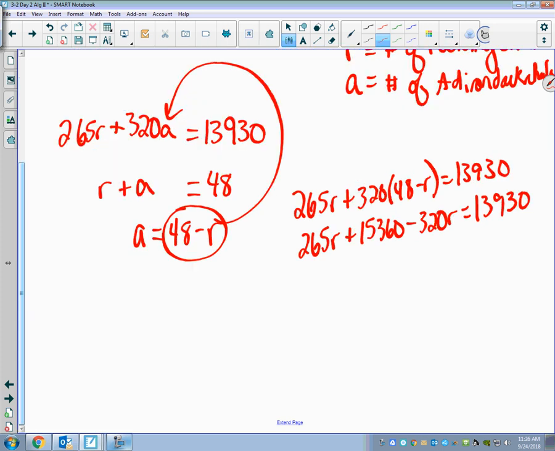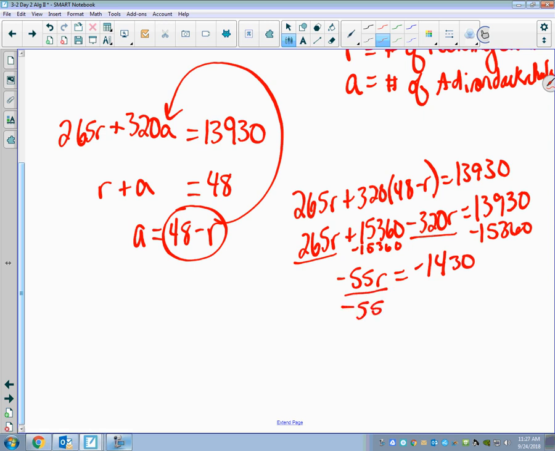So this is all on the same side, right? So 265 minus 320 is negative 55r. And at the same time, I'm going to go ahead and subtract the 15,360 over. So 13,930 minus 15,360, and I get negative 1,430.